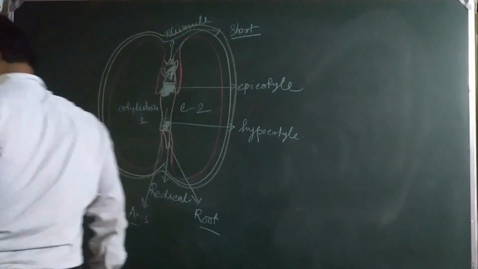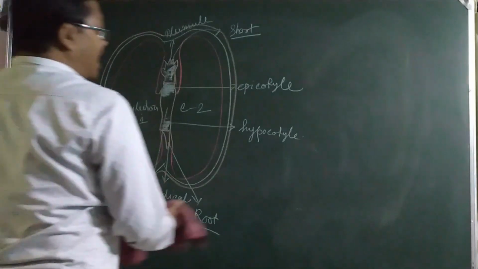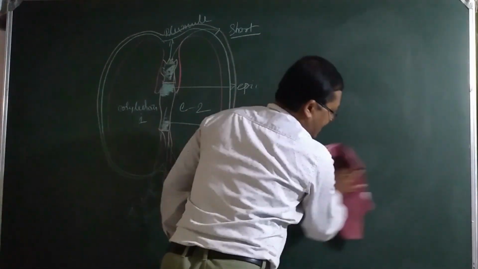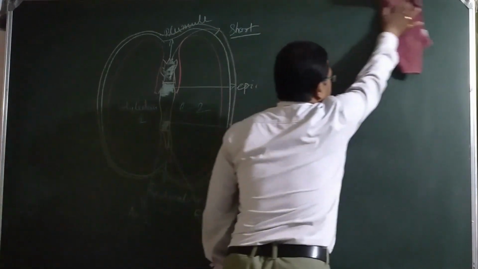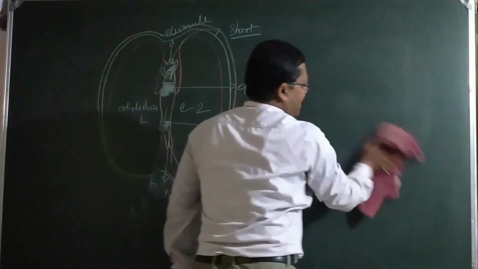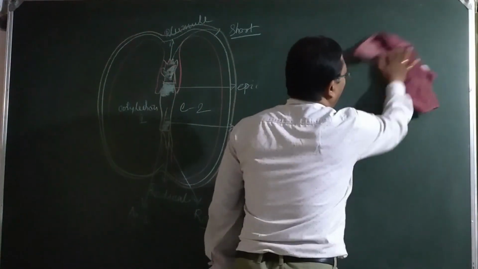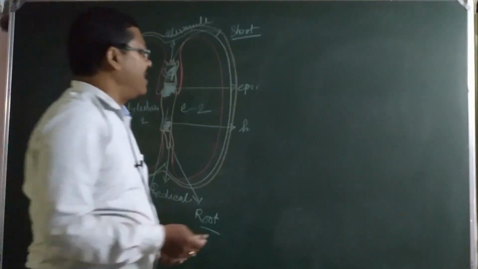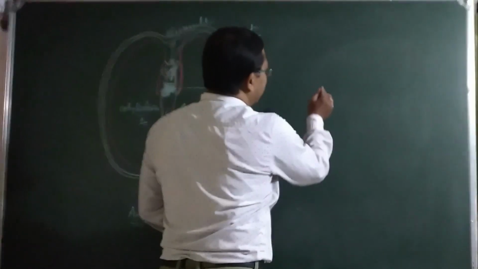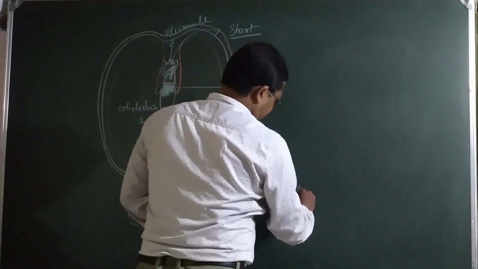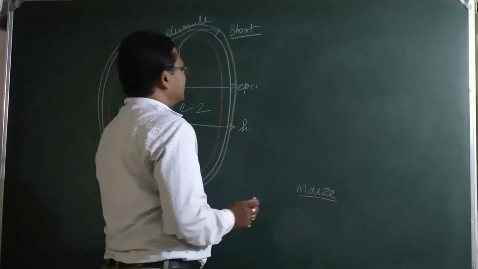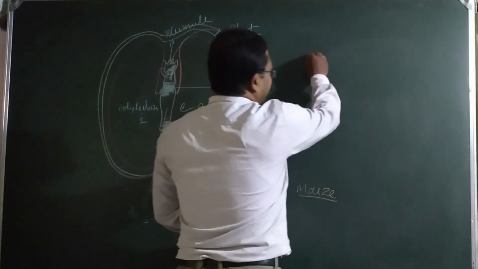Then we discuss the structure of the monocot seed. From the term monocot, the cotyledon number is one. This seed is the maize seed. What is the structure of the maize seed?